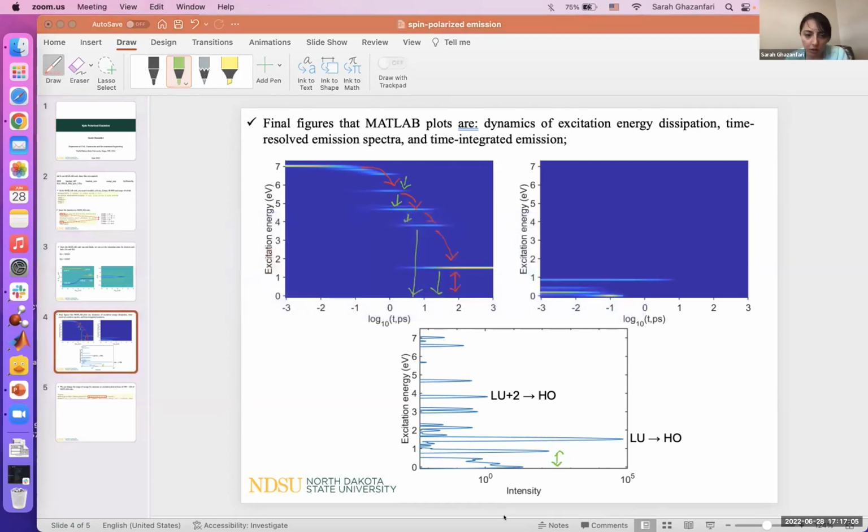This one is just for the up-down, the low spin multiplicity. On that figure all three were together, so we just showed this transition.